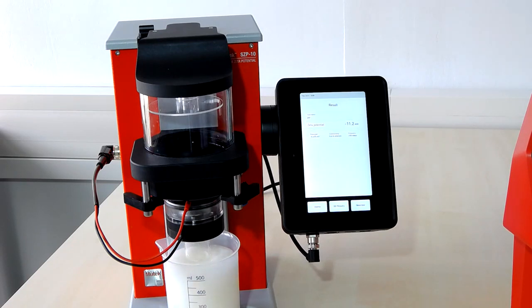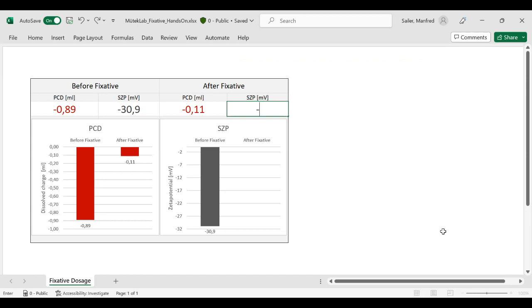And the SZP10 gives us now a minus 11.2 millivolt. Oh my gosh. So let's enter it into the Excel file again to have the complete picture here. Minus 11.2 millivolt.